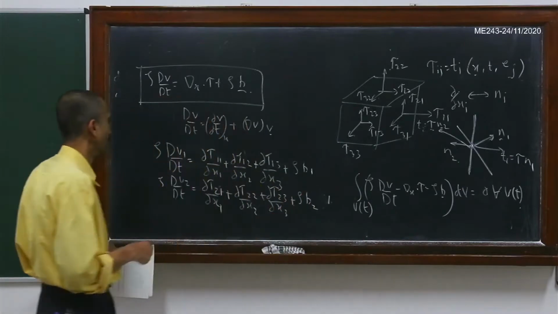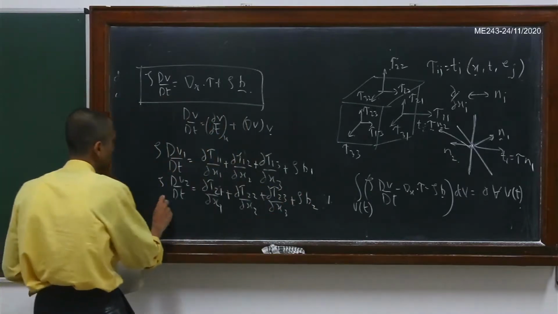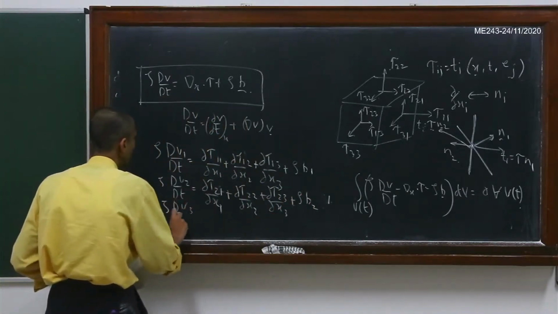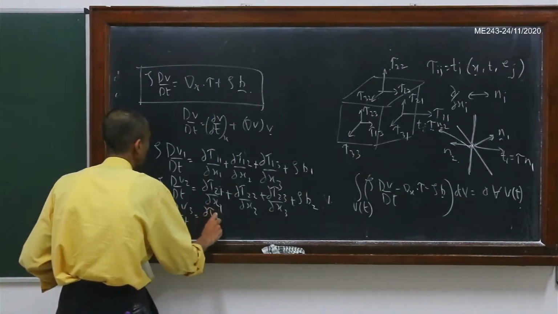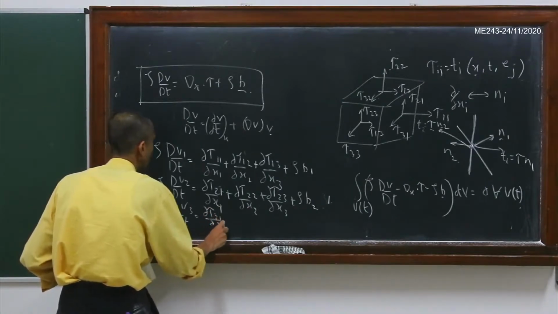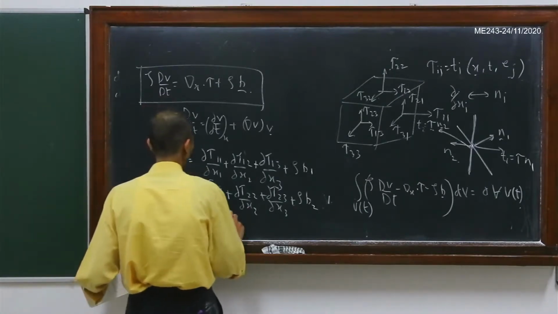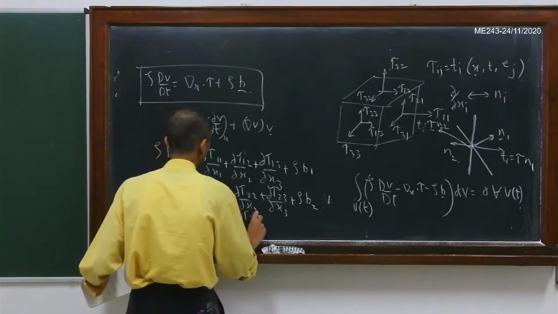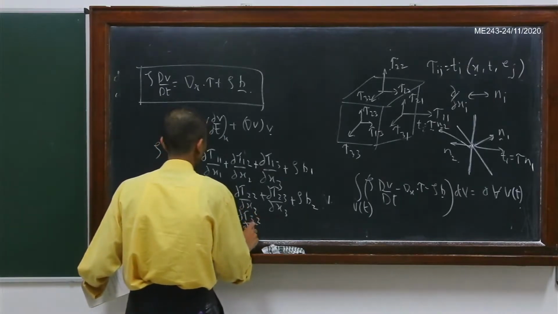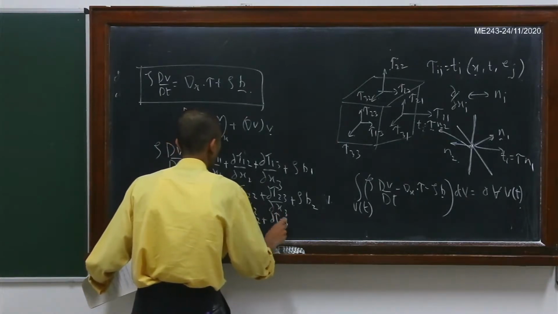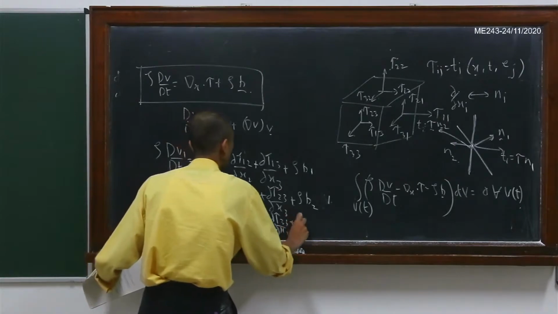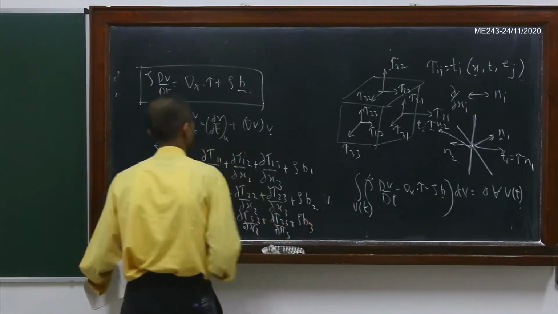And then similarly for the third: rho times dv3/dt is equal to del tau31 by del x1 plus del tau32 by del x2 plus del tau33 by del x3 plus rho times b3.